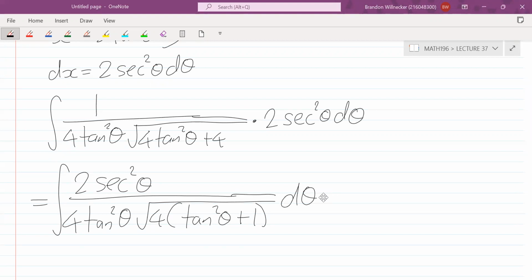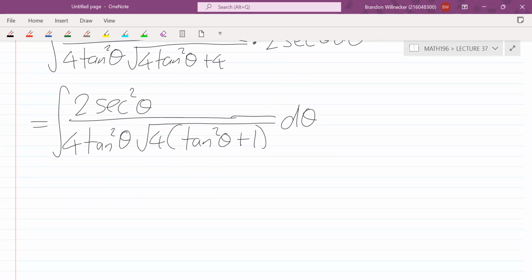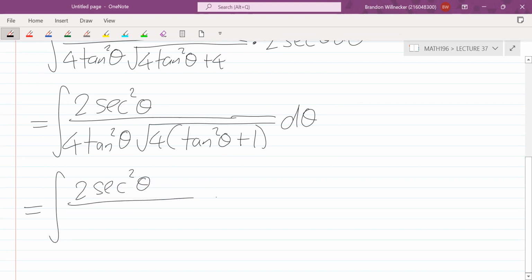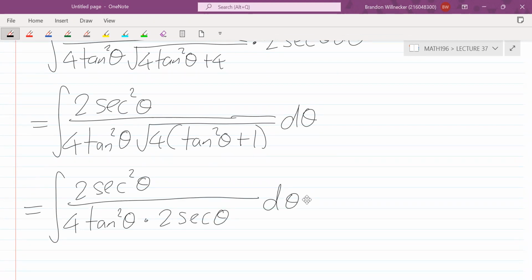Now, tan squared theta plus 1, that's our trig identity. It's going to give us sec squared. So this is going to be the integral of 2 sec squared theta over 4 tan squared theta, and then after we take the root, it's going to be 2 sec theta. I just took the square root over there.